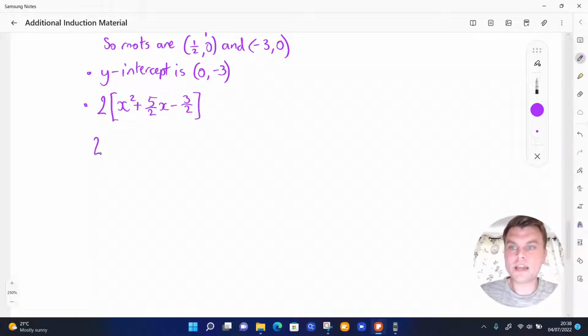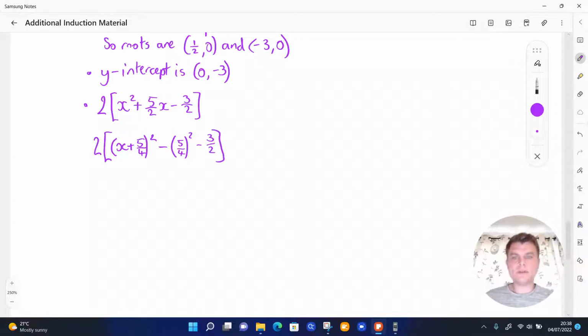So leave the 2 on the outside, and inside the square brackets, we're going to have x plus, and then it's 5 over 4, because that is half of 5 over 2, and that is all squared. Subtract that same value, 5 over 4 squared, and don't forget the 3 over 2 on the end. Okay, close those square brackets.